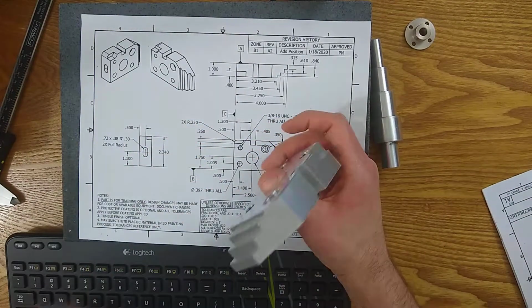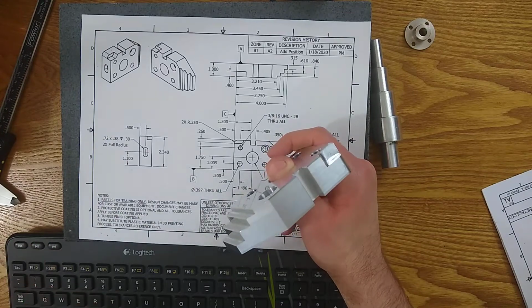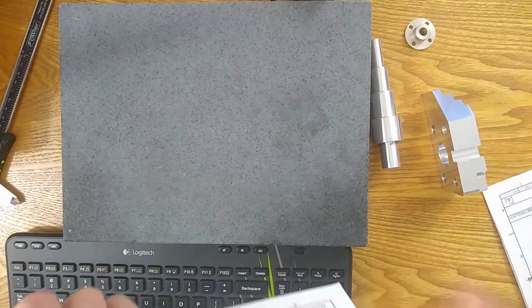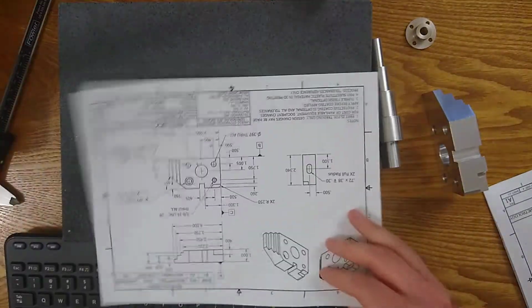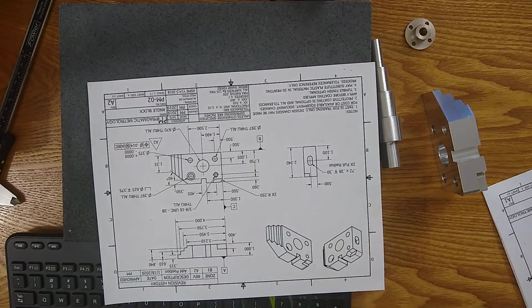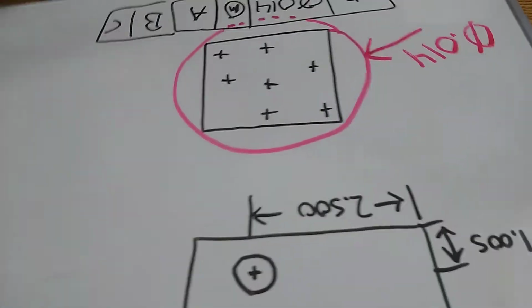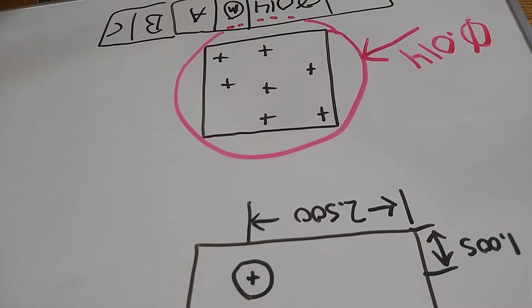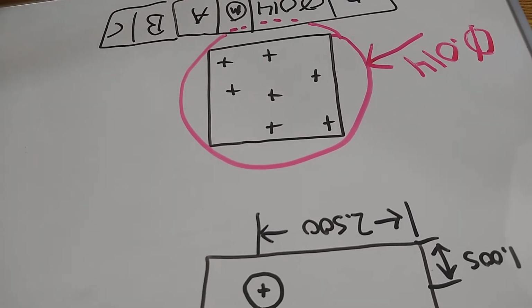And as I mentioned, the feature control frames override the basic dimension tolerances. So the basic dimensions are still necessary. Like in this example, it's still necessary to have those basic dimensions, because we need to know where the hole goes. So we need to know where the ideal center is.